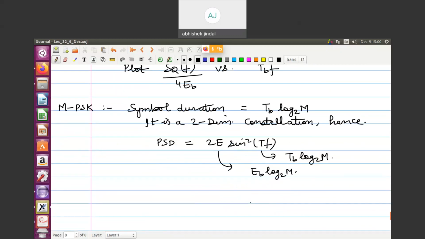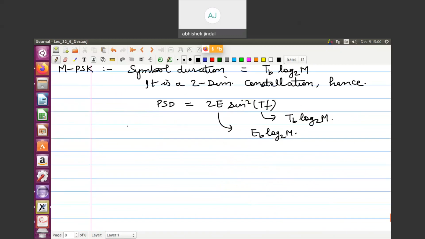Okay. So again, what we will do is we will plot the normalized PSD, that is SB, we can call it as SM. Let me use SM as the term. So this is your PSD, which is equal to SM of F. So we can plot SM of F versus F of TB.